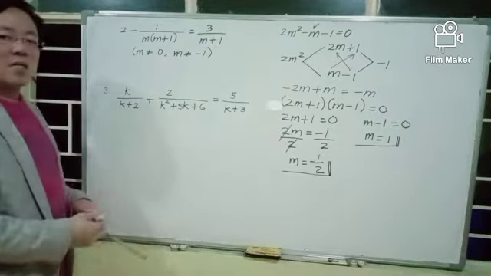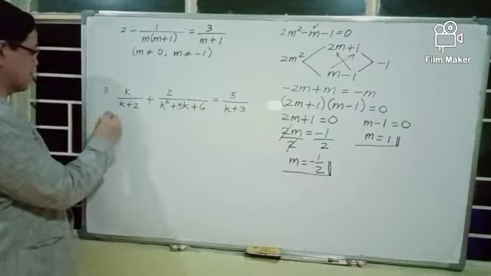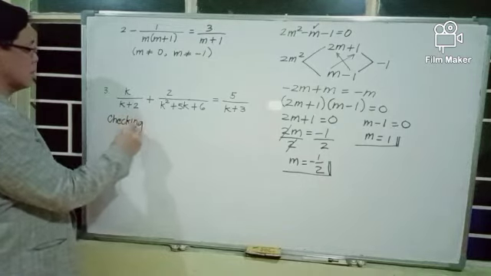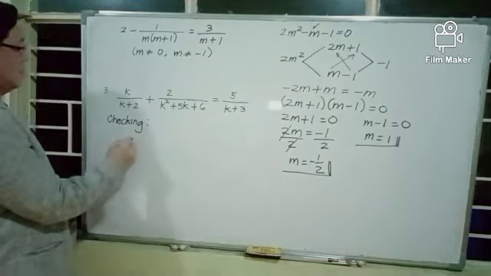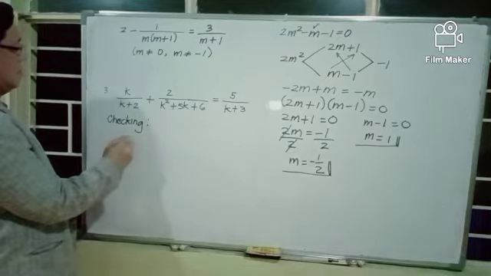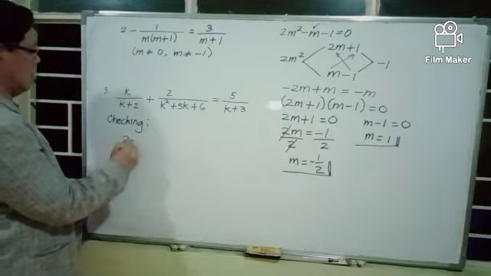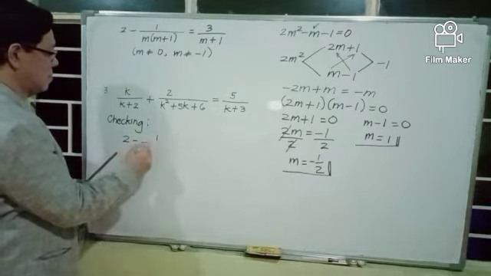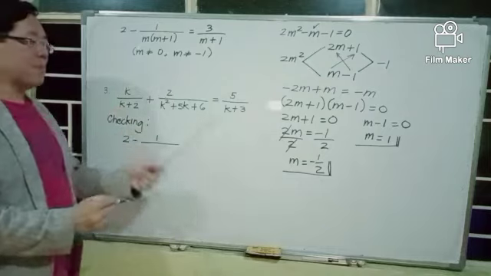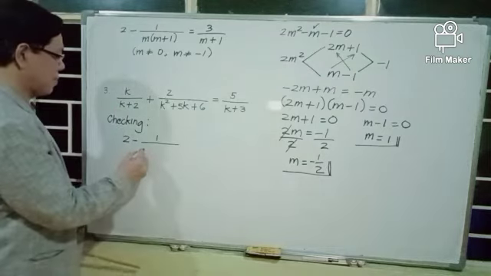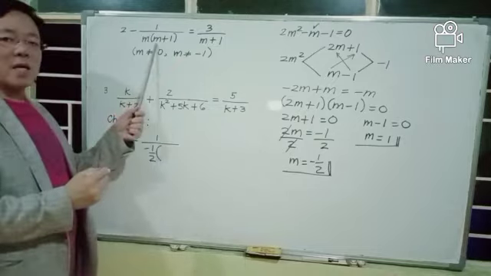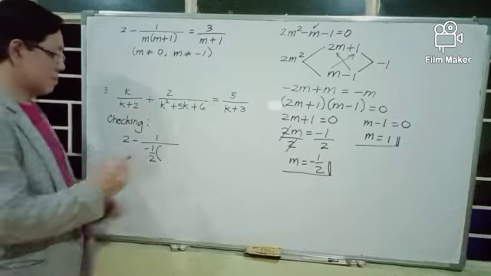At the left hand side we have 2 minus 1 over m, negative 1/2, multiplied by negative 1/2 plus 1.